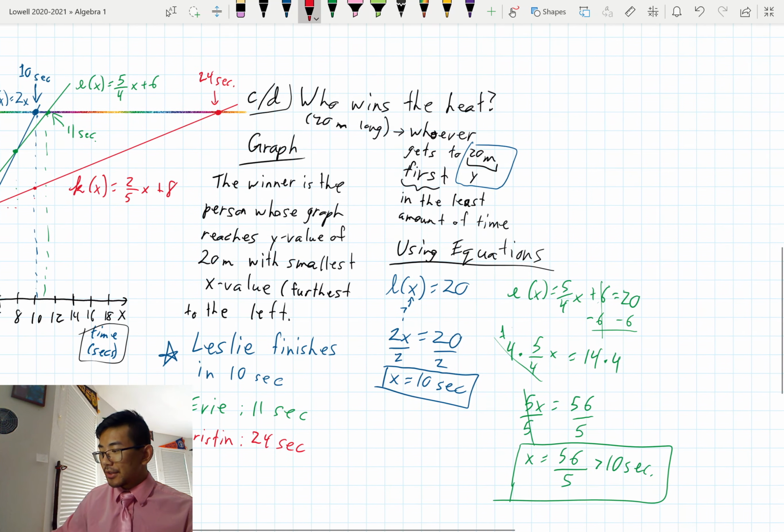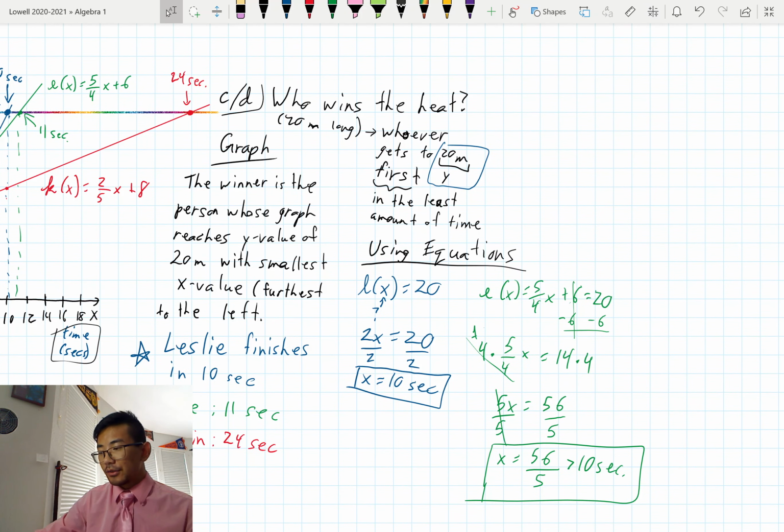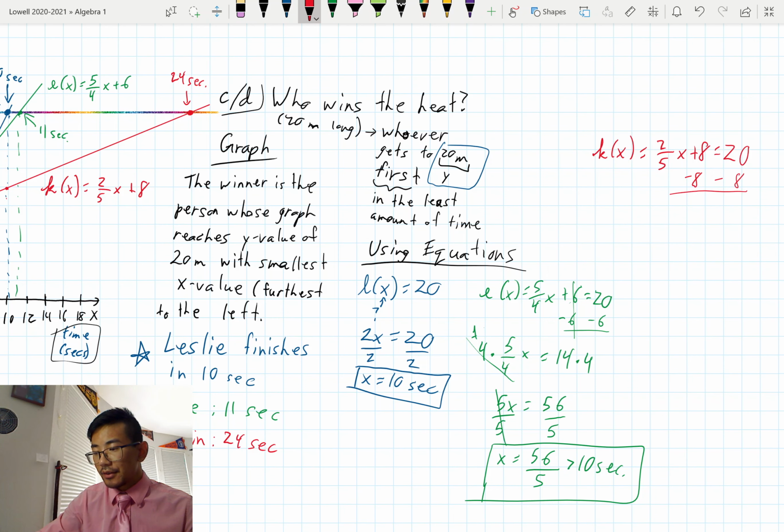The last part here, Kristen. I'll have hers right here. K of x, which is 2/5 x plus 8, would equal 20. And now we can subtract 8 just like for Evie. 2/5 x equals 12. I'll multiply by 5 again, and we'll get 2x equals 60.